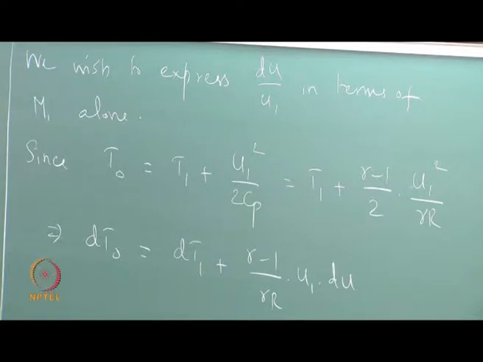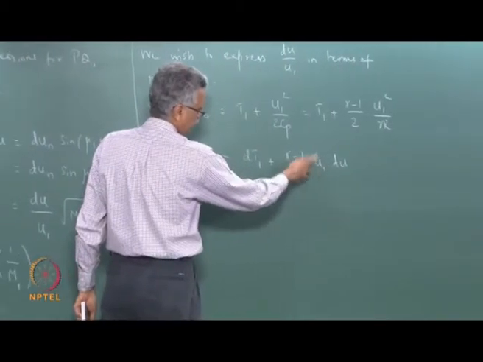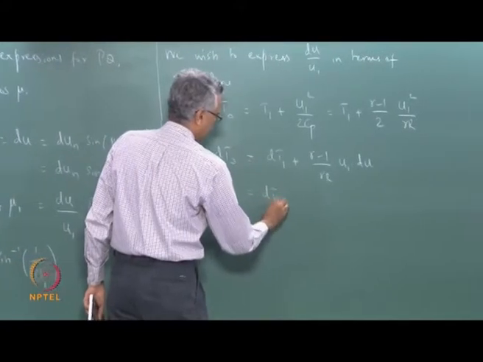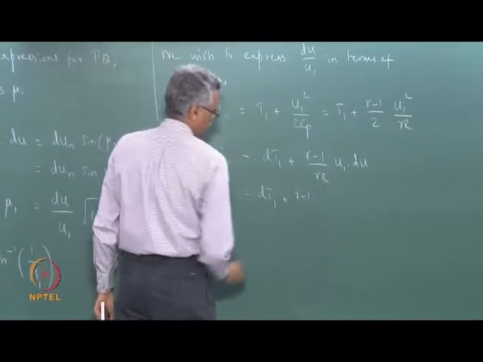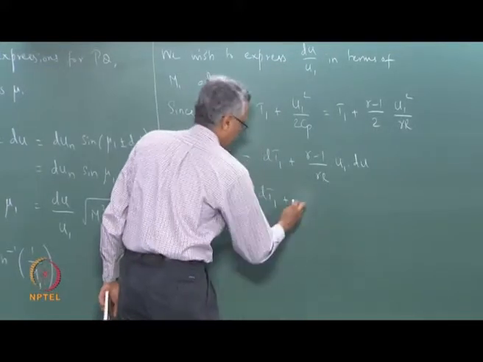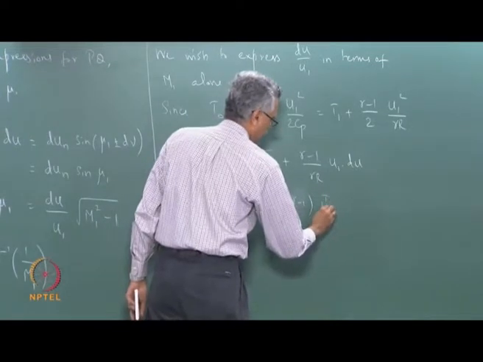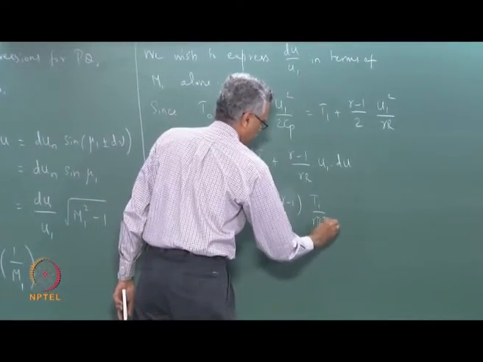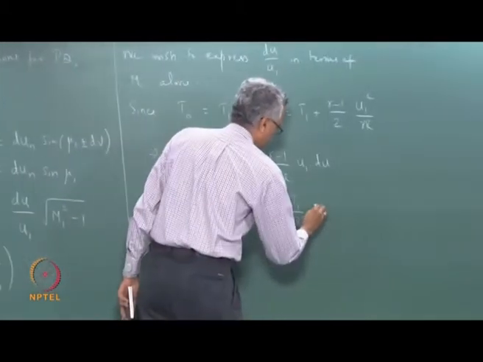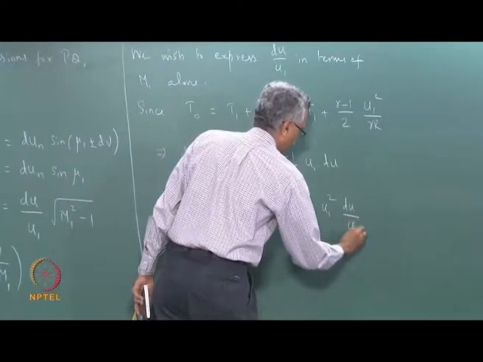Now if I multiply and divide by T1 and u1 in this expression, I get dT1 plus gamma minus 1, multiplied and divided by T1, and multiplied and divided by u1, so this becomes u1 squared and this becomes du over u1.